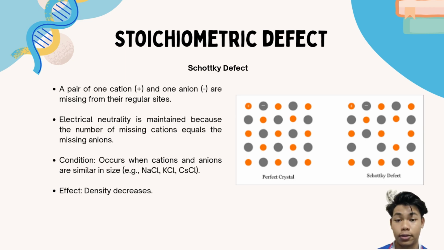This defect is common in compounds where the cation and anion are almost similar in size, such as sodium chloride and potassium chloride. Because ions leave the crystal, the density of the solid may decrease.